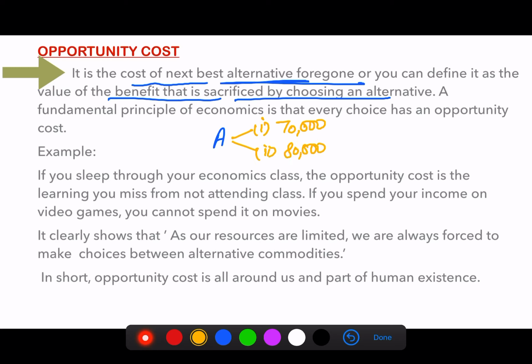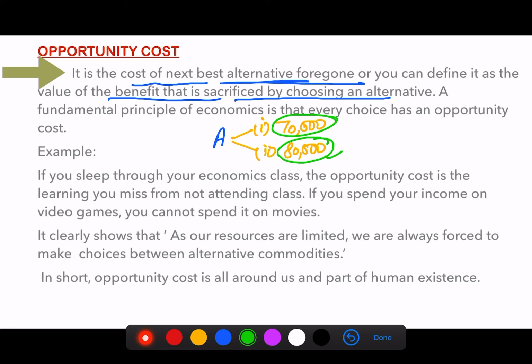Now Mr. A decided to opt for 80,000. So the benefit he sacrificed by choosing 80,000 is 70,000. Okay, so 70,000 is the opportunity cost for him. That is the next best one.